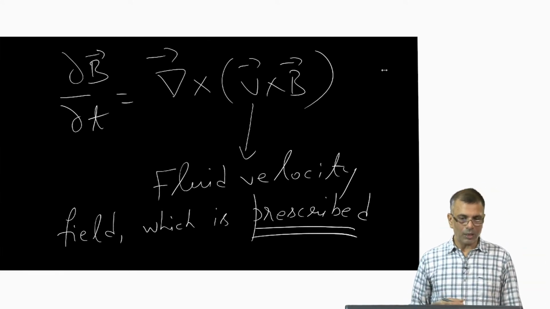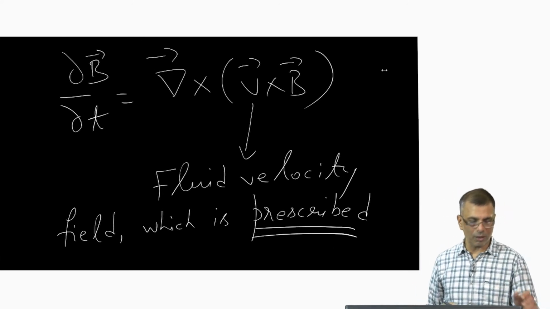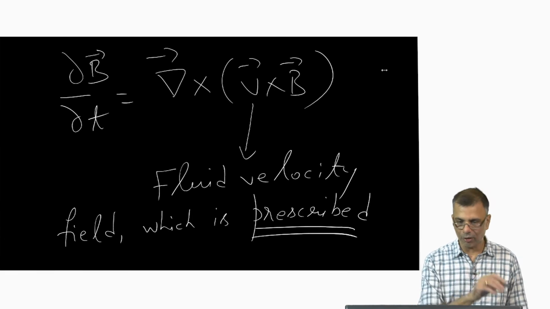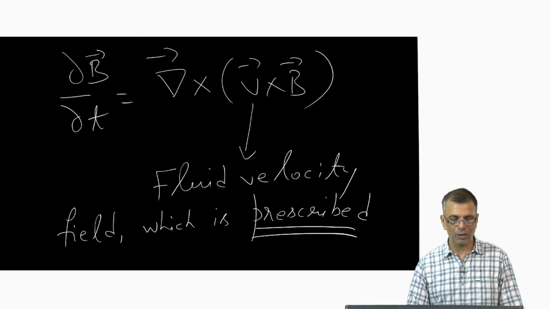So it turns out that the Alfven flux freezing theorem is a direct consequence of this induction equation, and let us try to see how. For that, I will need to draw a certain picture, and it will take me a couple of minutes to draw this. I request you to bear with me.